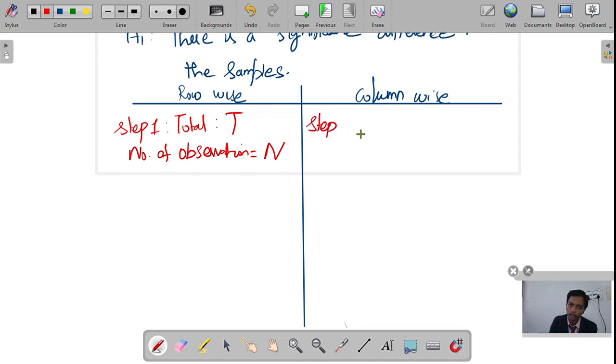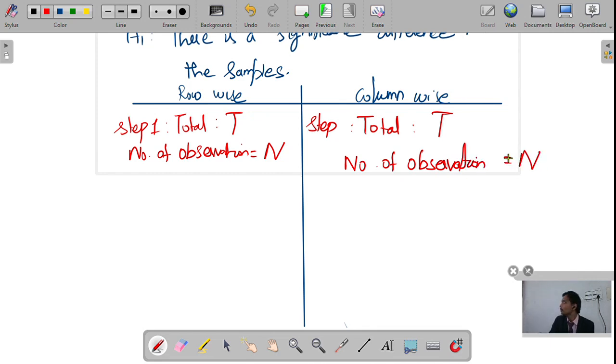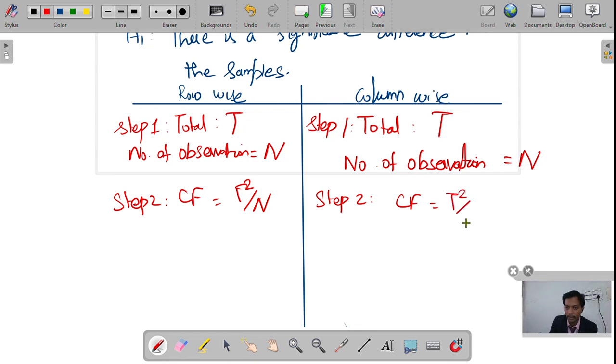Step 2 is the correction factor, CF equal to T square by N. The same case here, CF as T square by N.